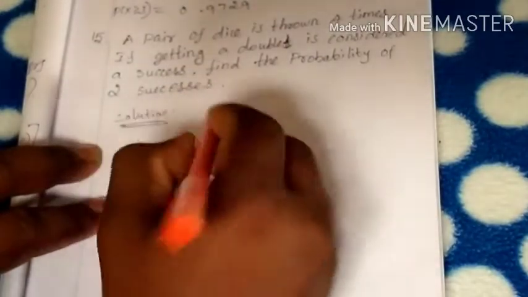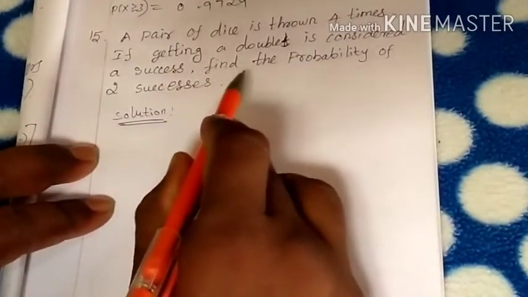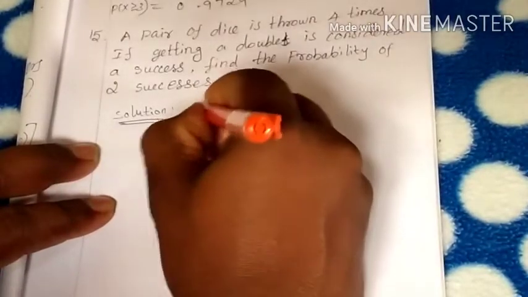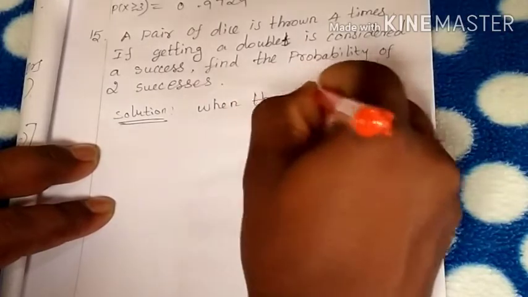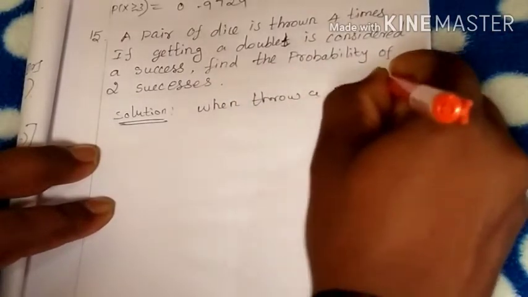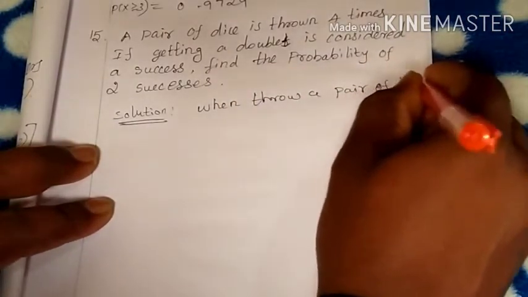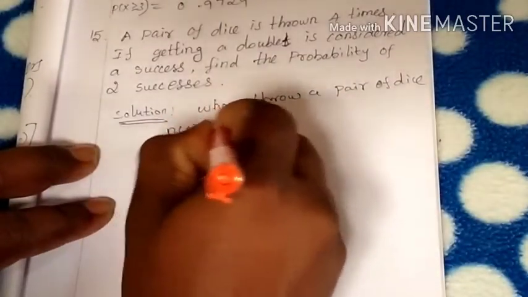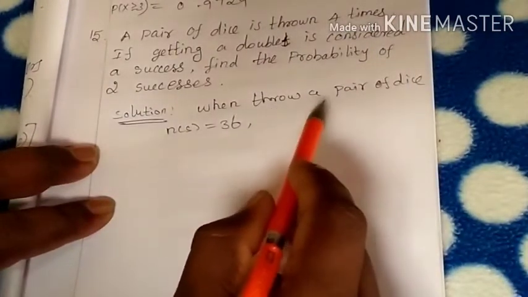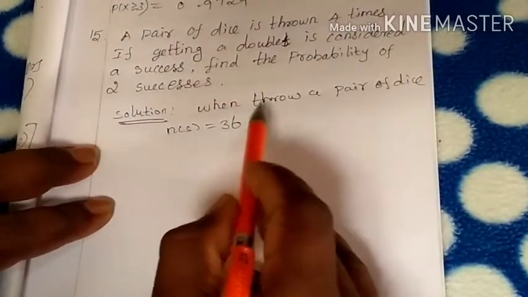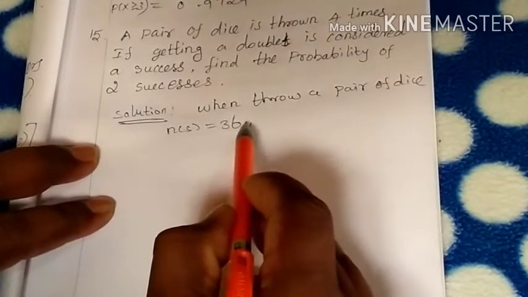When we throw a pair of dice, we get the sample space n of S equal to 36, because 1 comma 1, 1 comma 2, 1 comma 3 and so on up to 6 comma 6. So n of S is equal to 36.